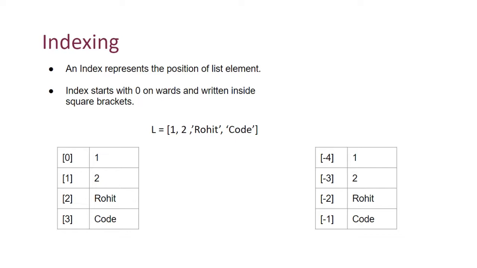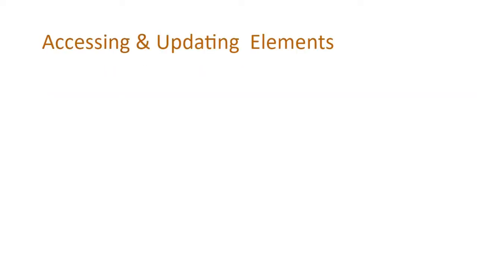If you don't get anything about indexing in list, don't worry, we will perform some practicals and your concept will be clear. Next we start with our new topic, accessing and updating elements.